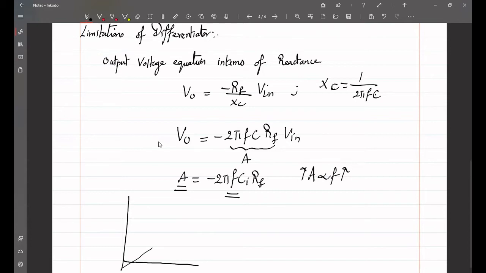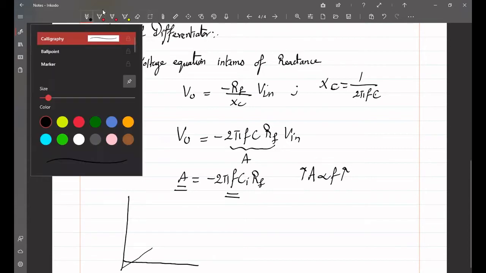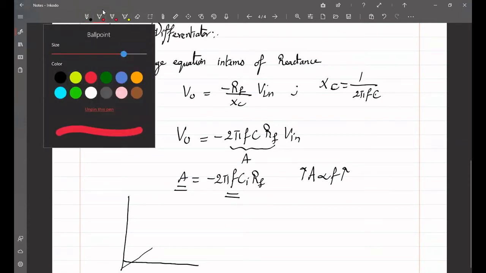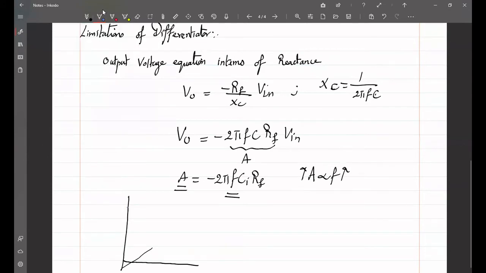Let us consider this is the ideal op-amp characteristics.